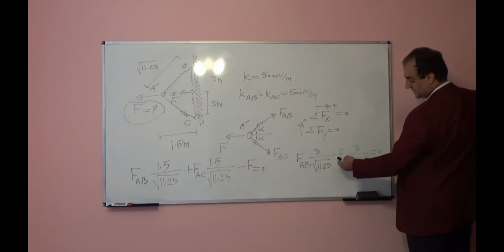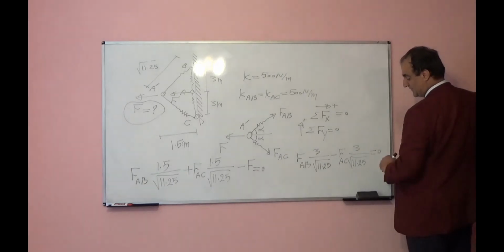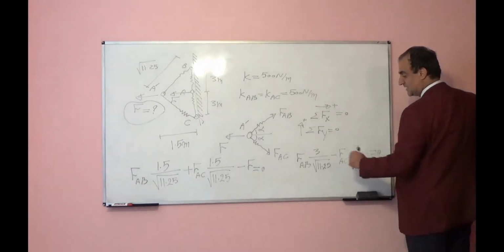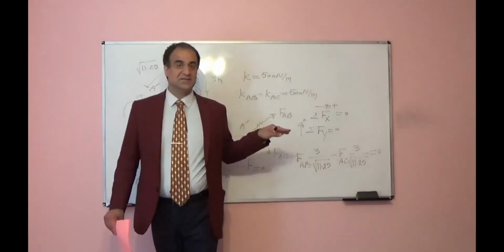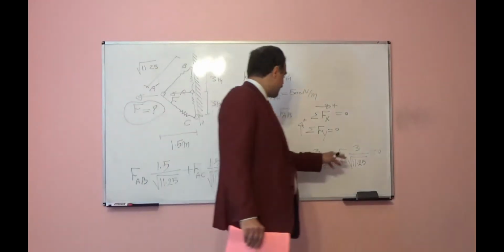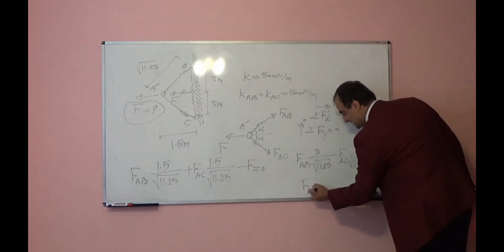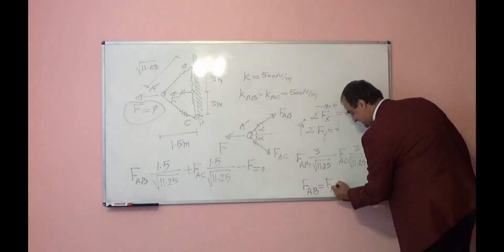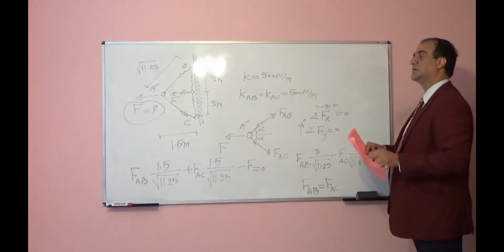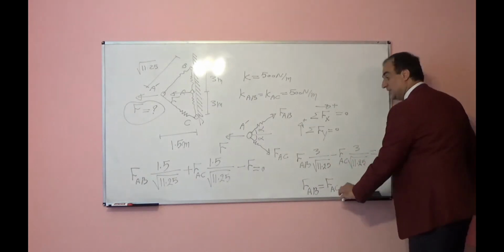If I take the other side, the 3 over the square root of 11.25 terms cancel from both sides, and from here we understand FAB should be equal to FAC. So the internal force in each spring should be equal.